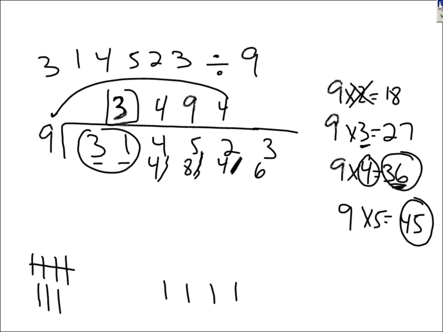And 9 times 7 is exactly 63. So the answer is 34,947. Okay, that completes the section on division of whole numbers.